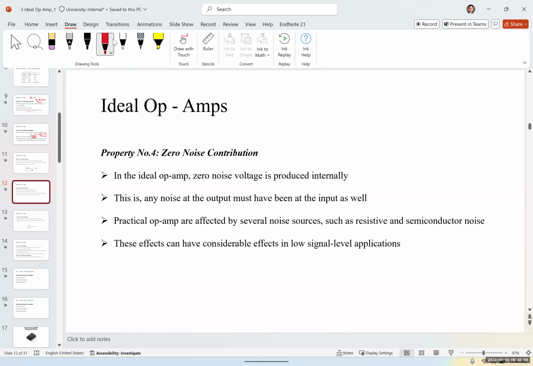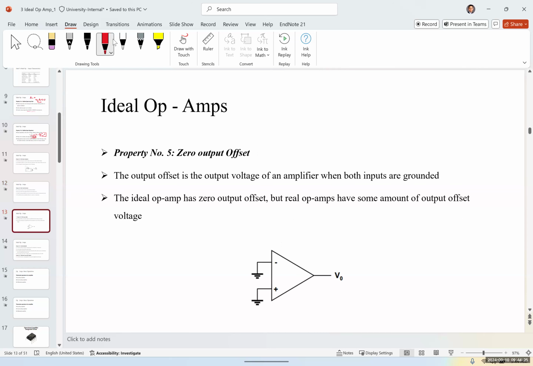But in an ideal op-amp, we assume that there is zero noise voltage produced internally. But a practical op-amp is affected by several noises, such as resistive and semiconductor noise. These effects can have considerable impact in low signal level applications.